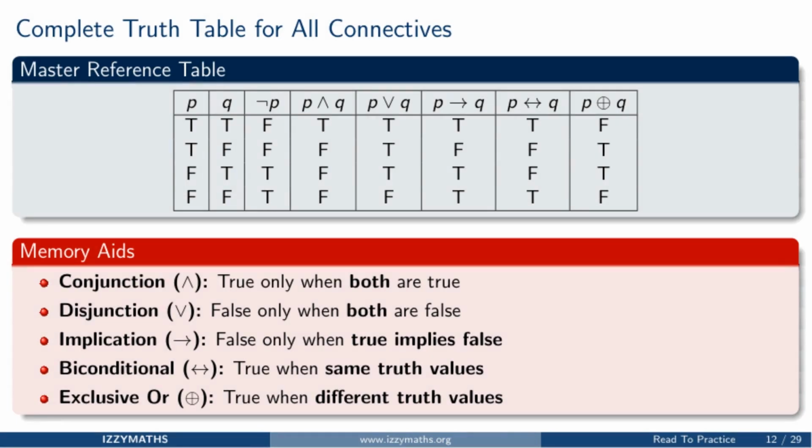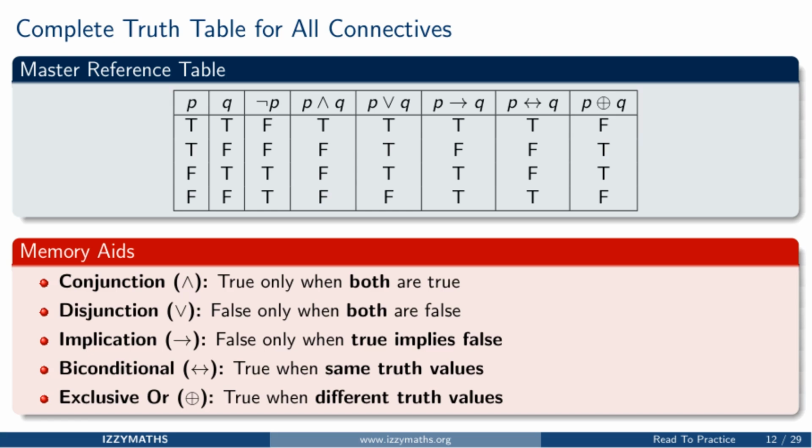Here's our master reference table showing all connectives together. For any values of P and Q, you can look up the result of any logical operation. Let me give you some memory aids to help remember these patterns. Conjunction is true only when both are true.